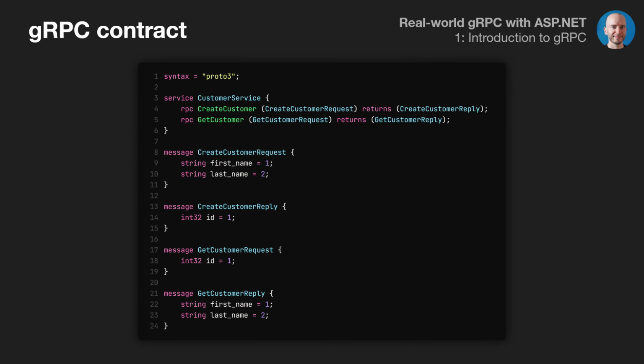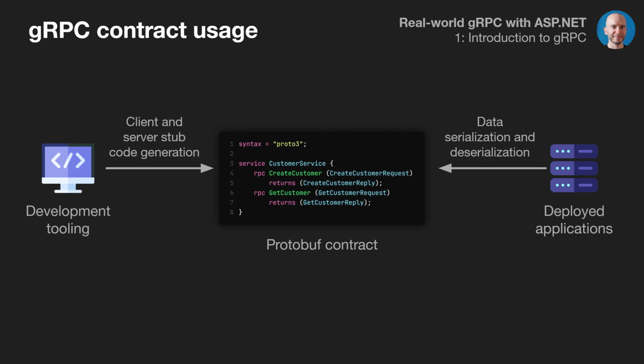In the Protobuf contracts, we can define services which can have an arbitrary number of endpoints called RPCs. Each RPC has a single request and response model, which by convention have the suffix request and reply in their names. The models are used in two different ways. They are used during development by the gRPC tooling to generate server and client stubs to make implementing the services convenient and streamlined.